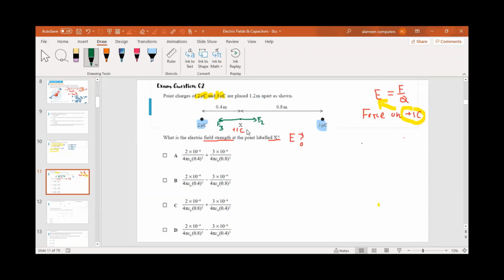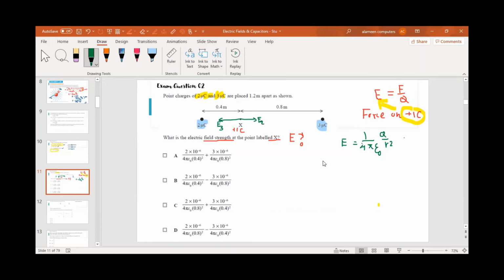Now we can use Coulomb's law, or rather the equation E equals 1/4 pi epsilon naught Q over R squared, to find the electric field strength. I'm going to call them E2 and E3, because the force on positive unit charge can be called the electric field strength.